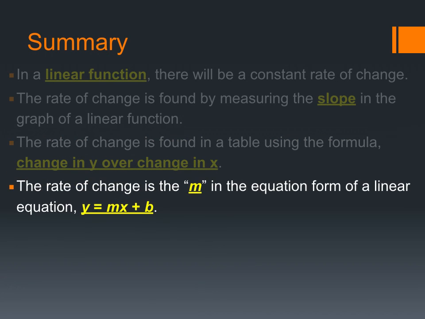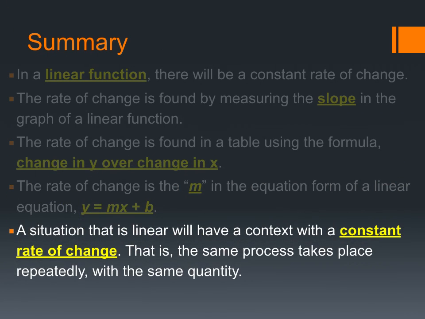The rate of change is the m in the equation form of a linear equation, y equals mx plus b. And a situation that is linear will have a context with a constant rate of change. That is, the same process will take place repeatedly using the same quantity.